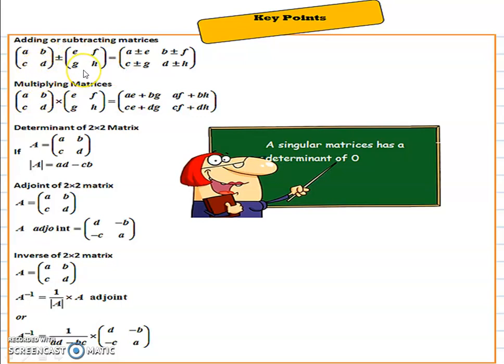Now the addition between these two matrices is given by the elements allotted in the A11, A12, A21, A22 positions and B11, B12, B21, B22. That means we have to take A plus E, B plus F, C plus G, D plus H.